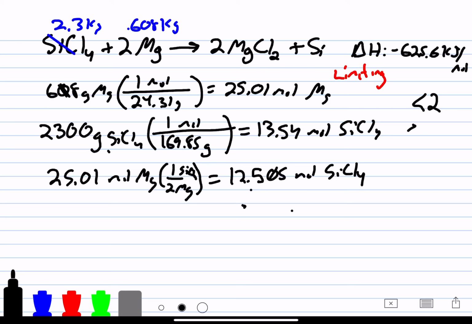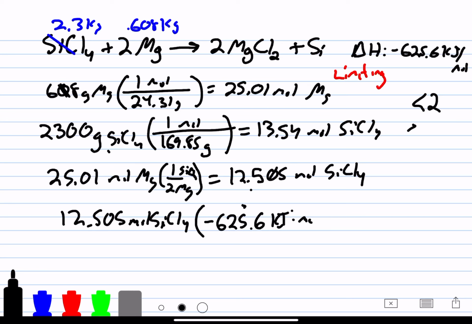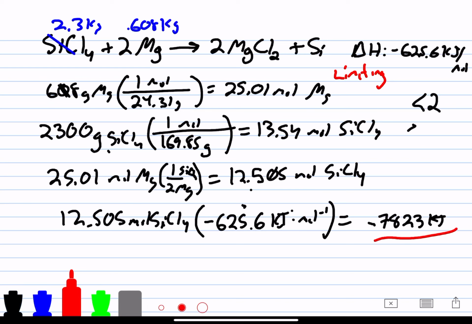So now with 12.505 moles of SiCl4, we just multiply that by the kilojoules per mole, 625.6 kilojoules per mole, and that's going to give us negative 7,823 kilojoules. That is how many kilojoules is released by reacting 0.608 kilograms of magnesium with 2.3 kilograms of silicon tetrachloride.